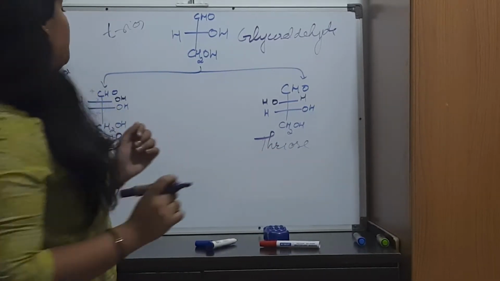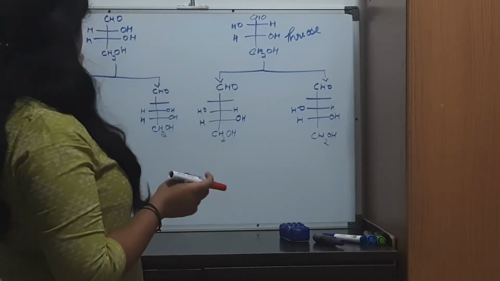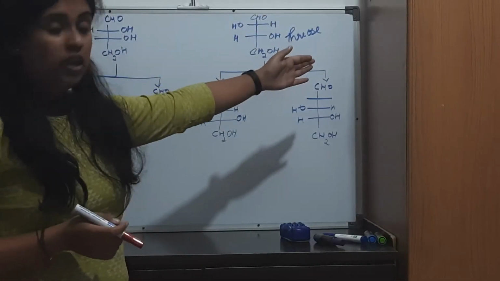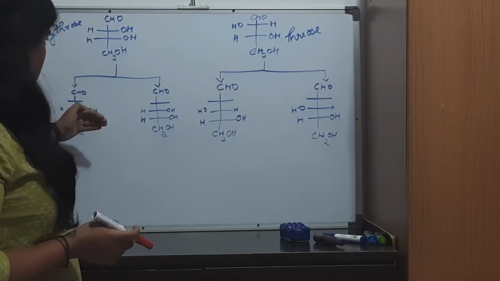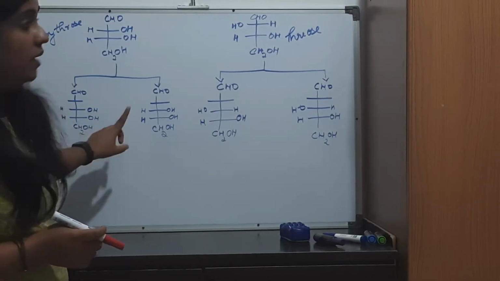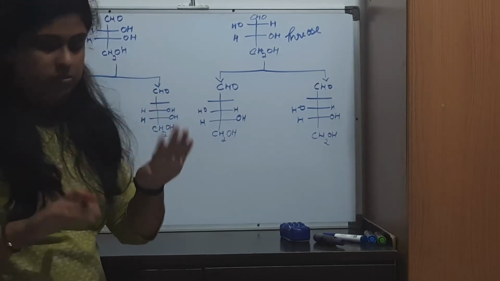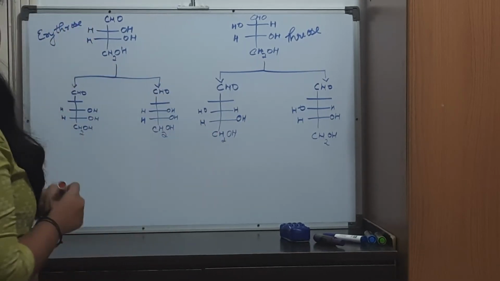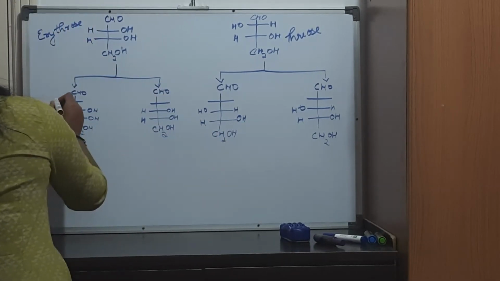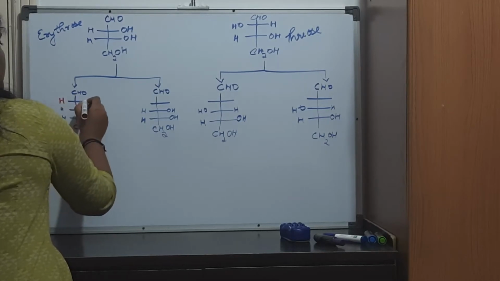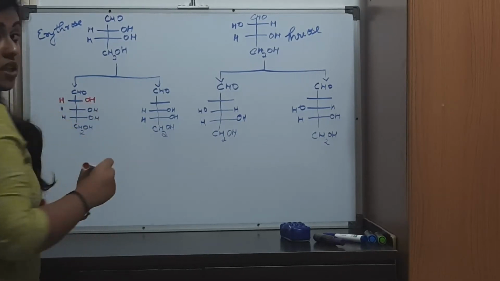Now we have our erythrose here, we have our threose here. And further, from them, we can add one more carbon atom. Where we had 4 carbon atoms, we moved on to 5 carbon atoms. Erythrose can have two possibilities, where one is H being on the left and OH being on the right.